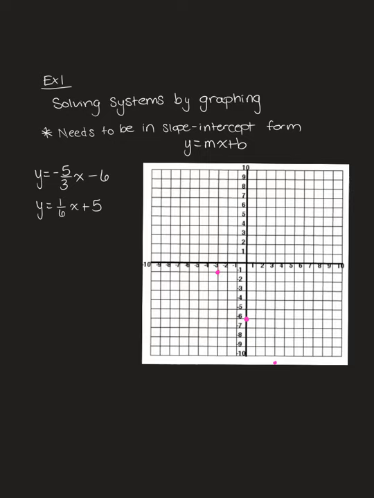Okay, so I can draw my graph here, and it's not going to be perfect because I don't have a ruler. So there's my first line. I can draw my second line. I start at 5 and I go up 1 and to the right 6.